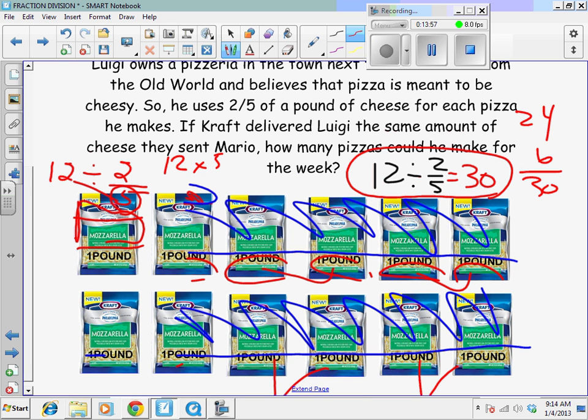I really took the 12 bags here, alright, and I wanted to know how many pieces I could get out of a bag, so I multiplied 12 times 5. Right? Everybody see that? And then I took the rest, okay, which was 60, right? And then I took the rest of the bags and I divided that by 2, or 60 over 2, which equals 30. That's what I did.